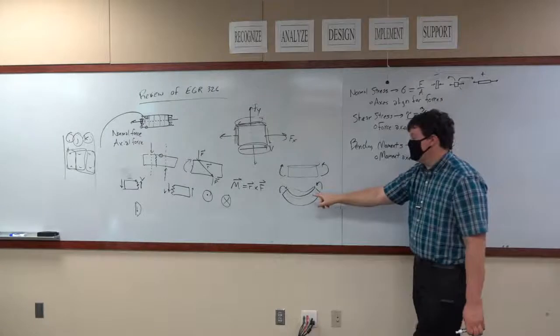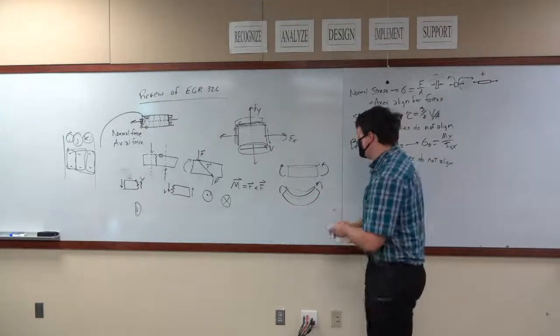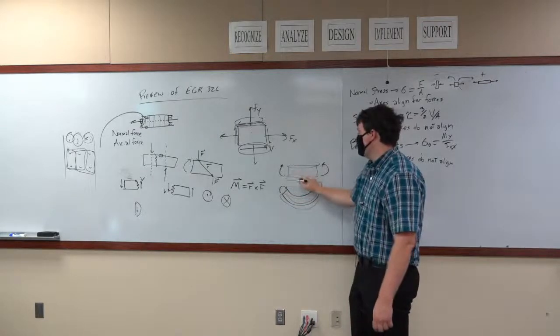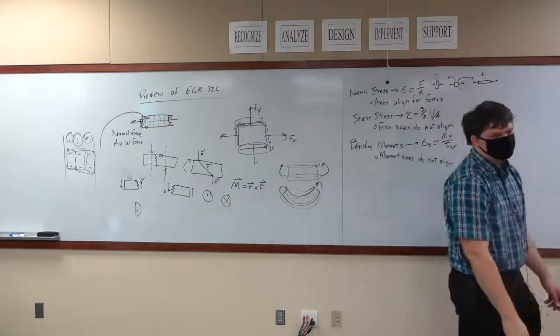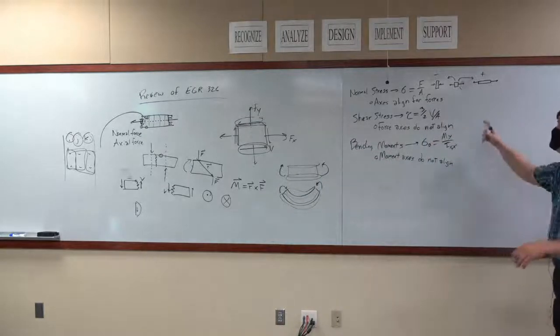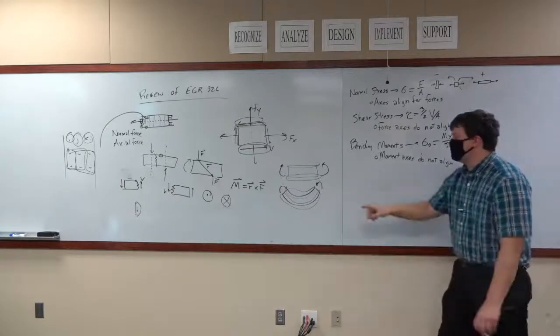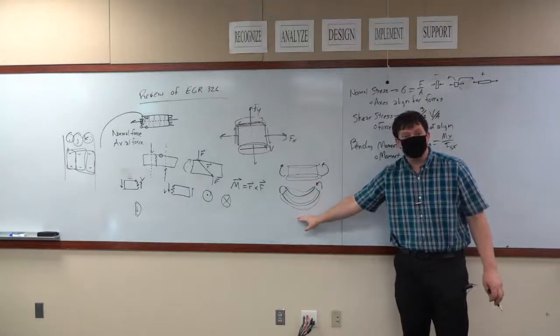The top of this component in bending is in compression. This line right here is a lot longer than this one right here. Is that going to be in tension or compression? It's in tension because it's being stretched. So by applying this bending moment, the top is in compression and the bottom is in tension.